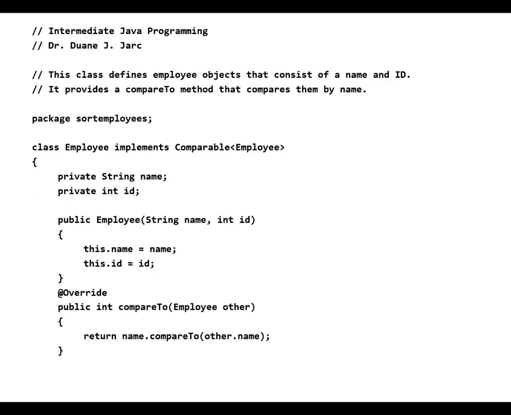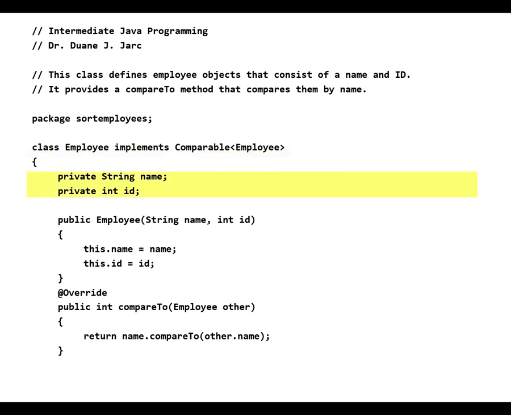Our example illustrates the use of both of the sort methods that we just described. It will sort a list of employees that are input from a file. We begin with the definition of the employee class. Notice first that the employee class implements the comparable interface.